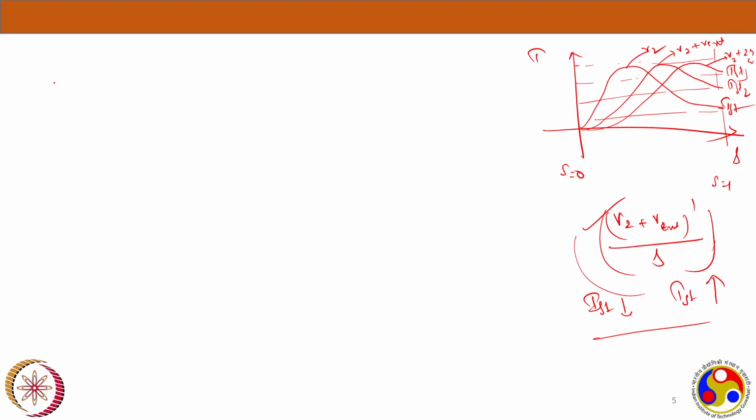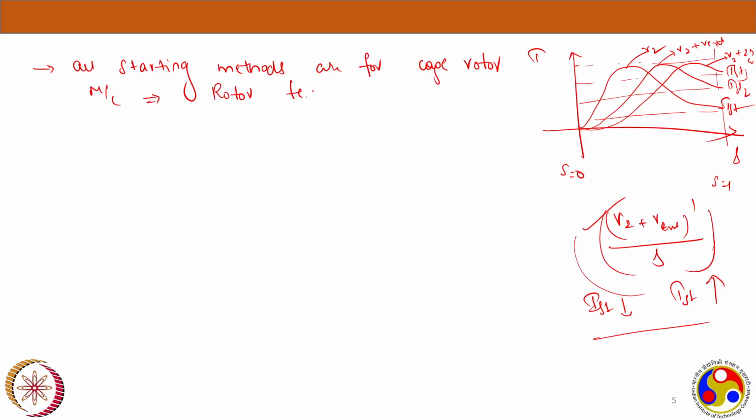So all the starting methods are for cage rotor machines, that is, where rotor terminals are not available.